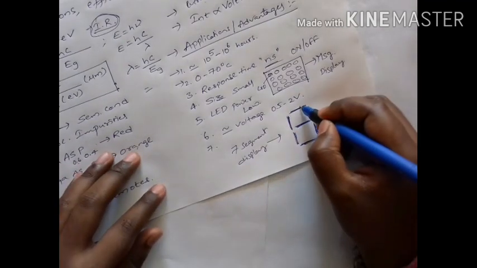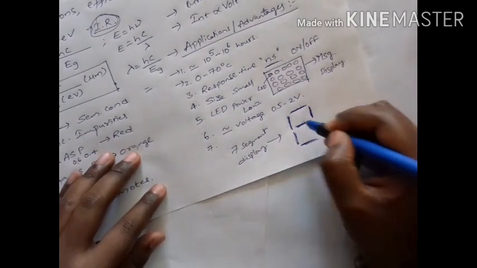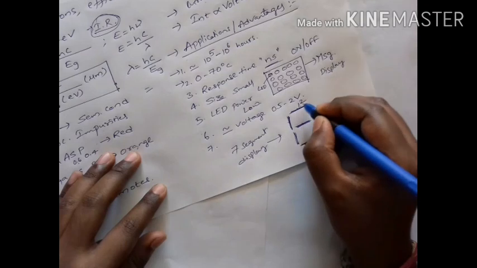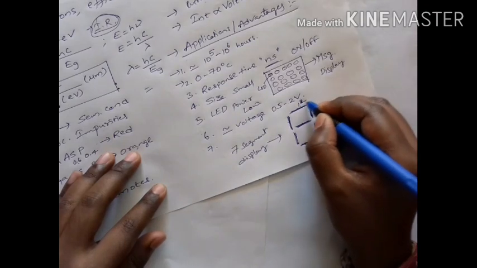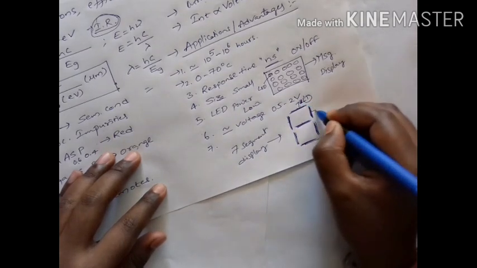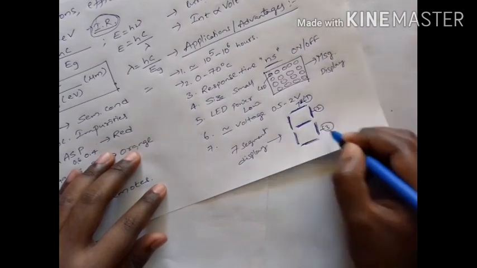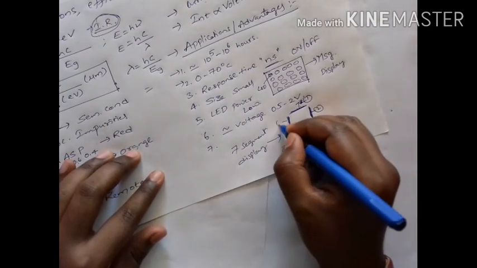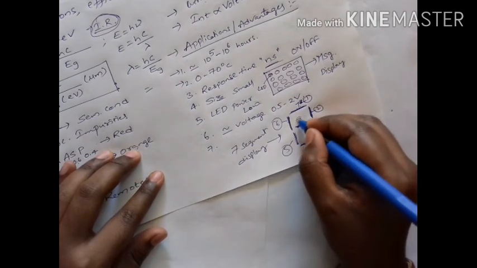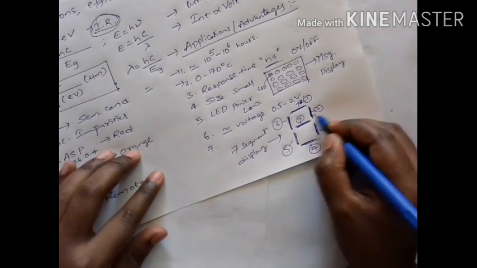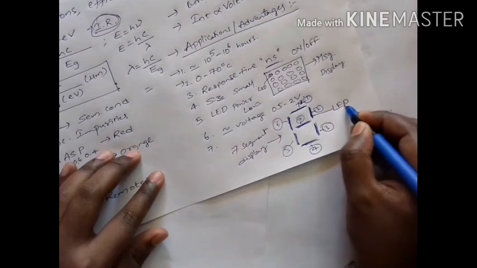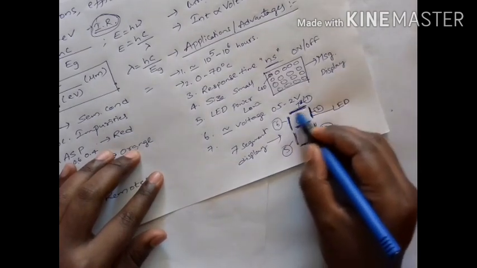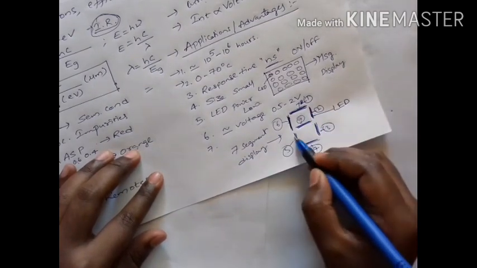You can observe 7 lines here: 1, 2, 3, 4, 5, 6 and 7. Each line represents an LED. So each dark line here is nothing but an LED.